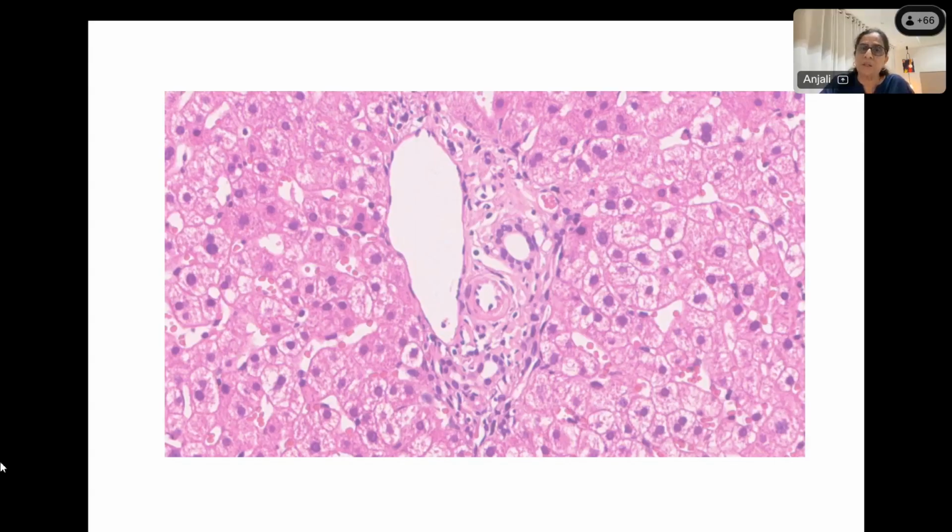And the third structure in the triad, meaning artery, vein, and bile duct. So this is bile duct, and bile duct is lined by biliary type of cuboidal epithelium. Another important feature here is bile duct always accompanies a similar caliber of that artery.